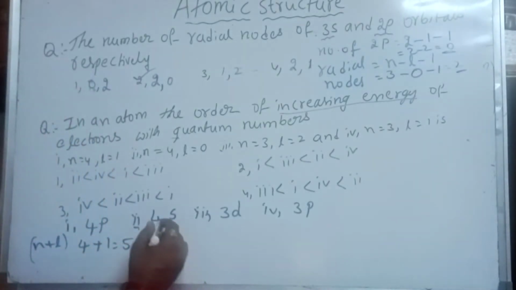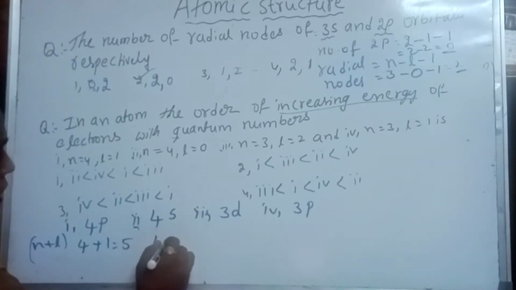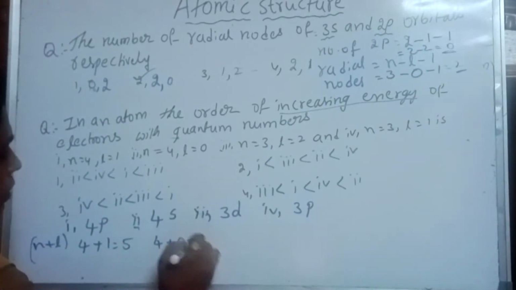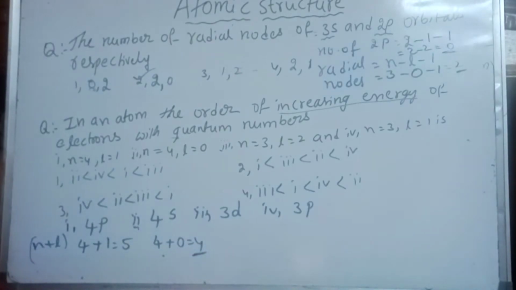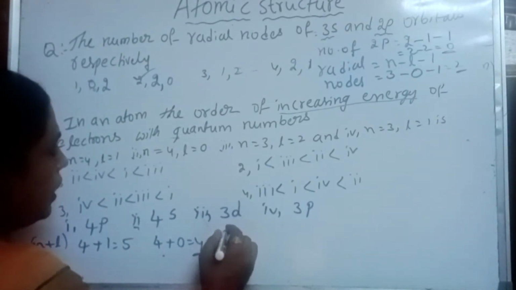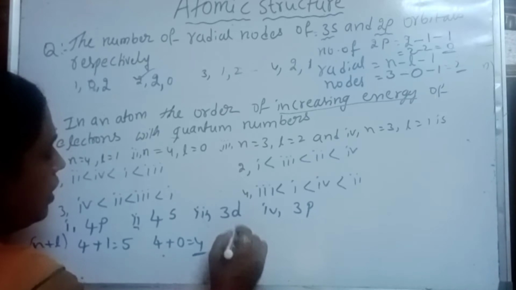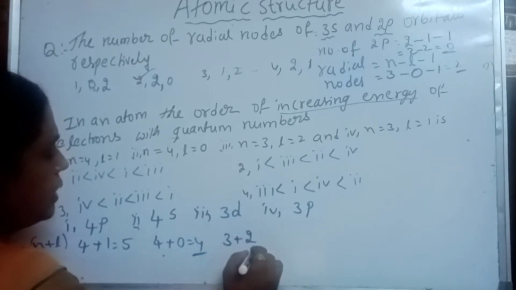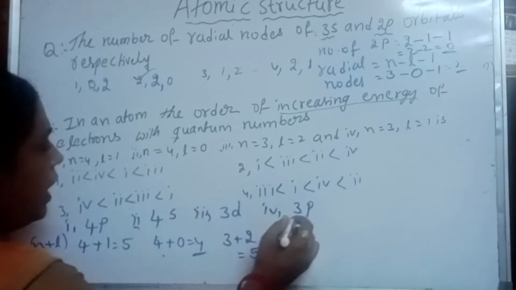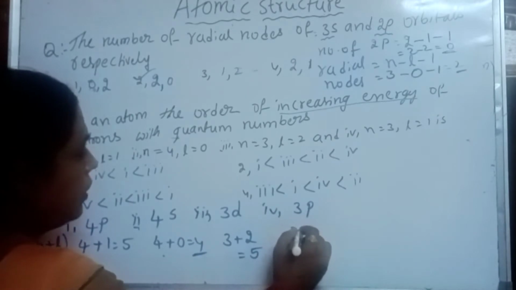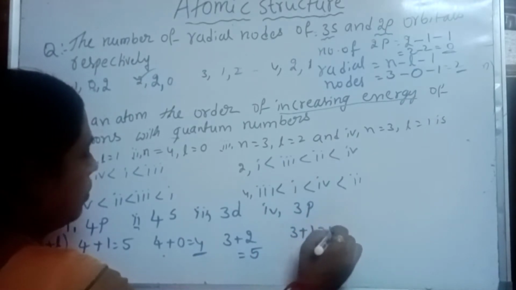For 4s orbital, n plus L value is 4, since s orbital means 0. For the 3d orbital, n value is 3, d orbital 2, so 5. And for the 3p orbital, 3 plus p orbital 1, that is 4.